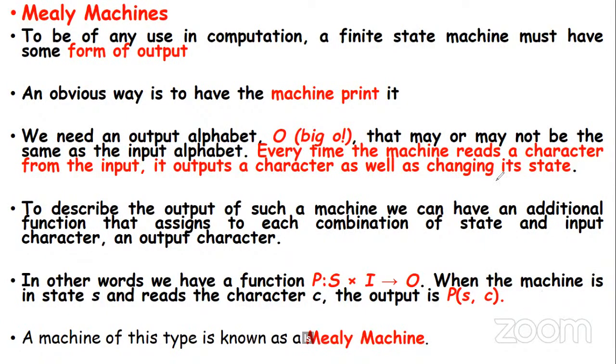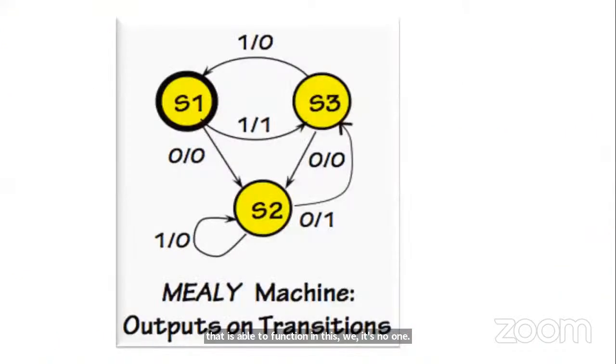Okay, so a machine that is able to function in this way is known as the Mealy machine. So this is an example of a Mealy machine.